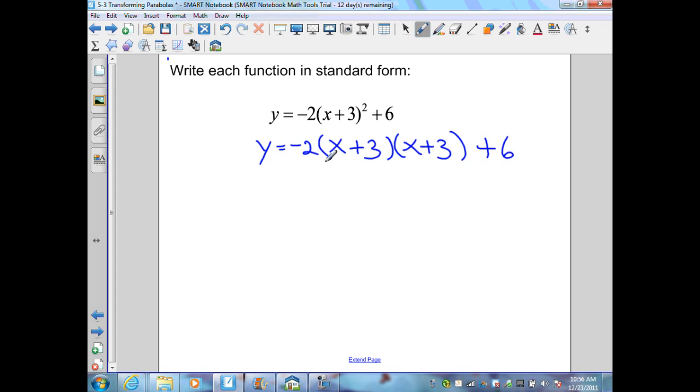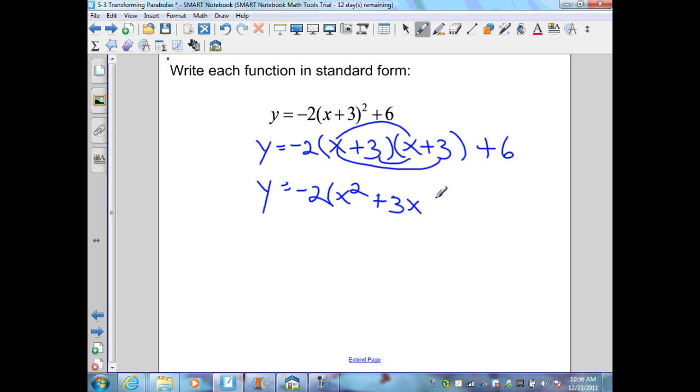And here I'm going to FOIL again, but I need to bring down the negative 2. FOIL, in other words, distribute each term through this set of parentheses. First, x times x is x squared. Outer, x times 3 is 3x.